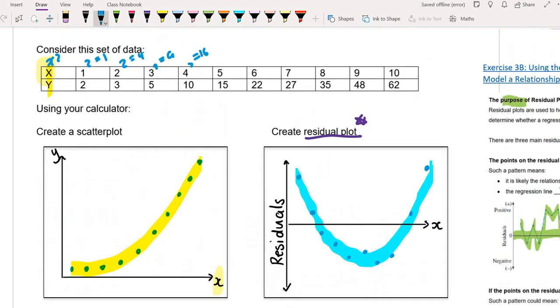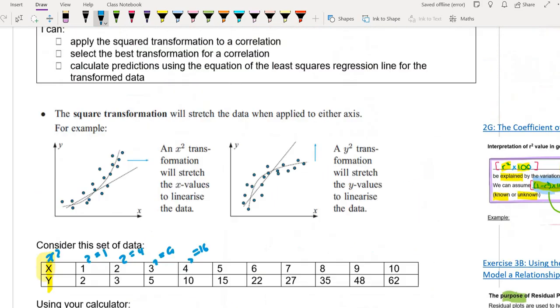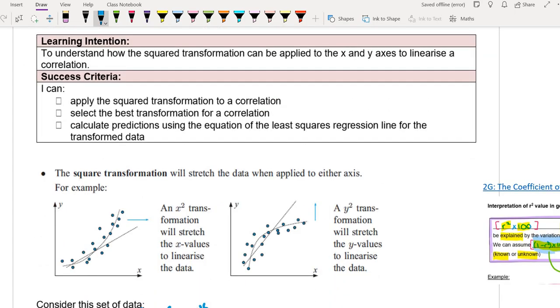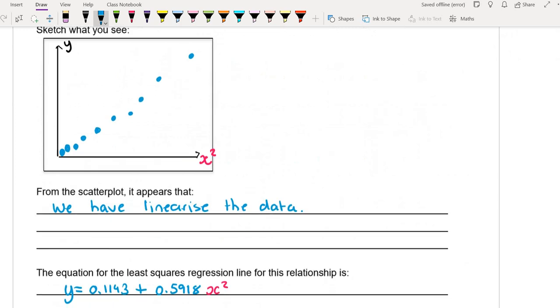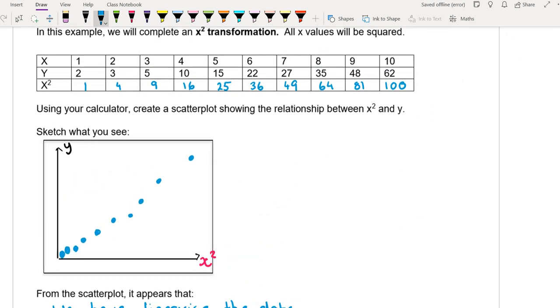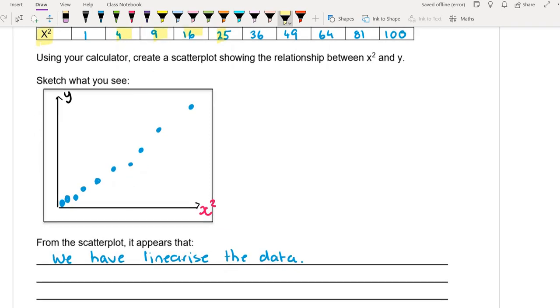The reason we're squaring the x, not y, is because it's following this pattern where we should square the x to linearize the data. So we simply introduce a new row of data where all the values of x are now squared. And then if we plot it again, we'll have a more straight line, which is what we like to see.